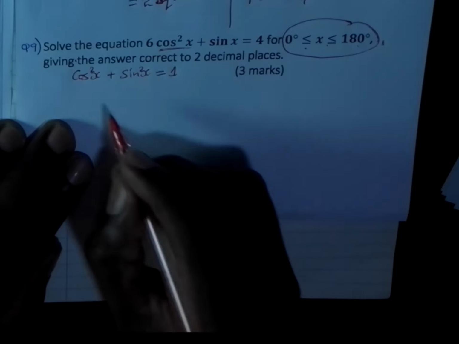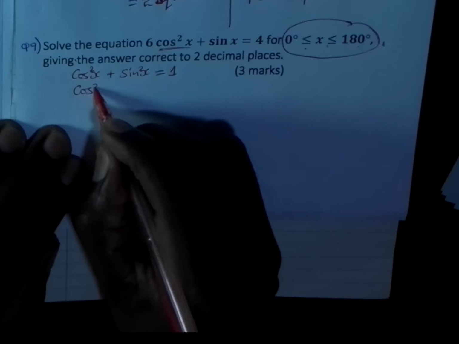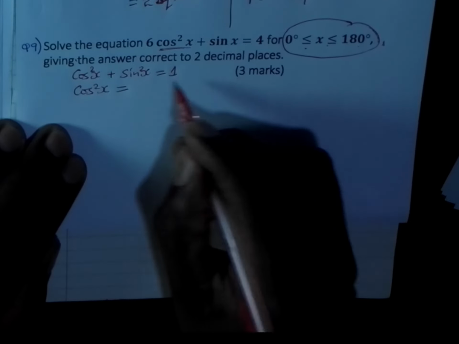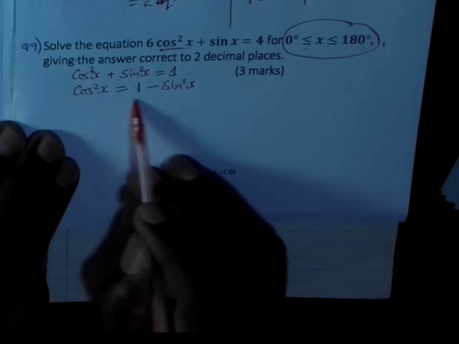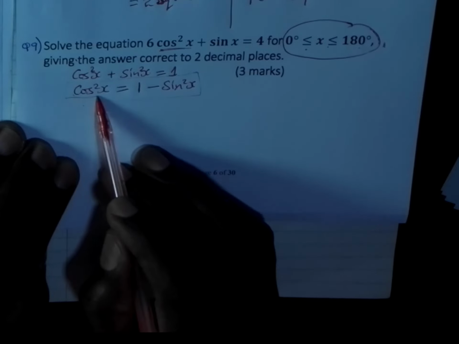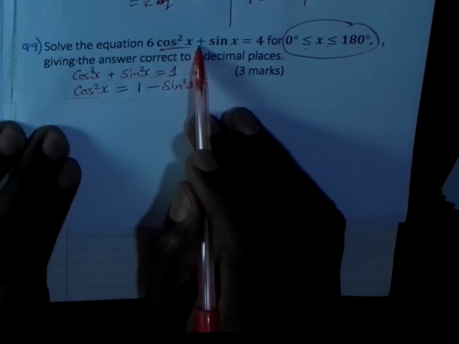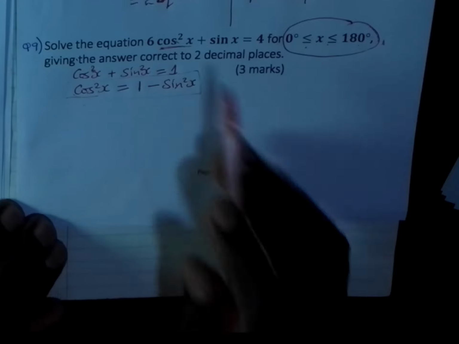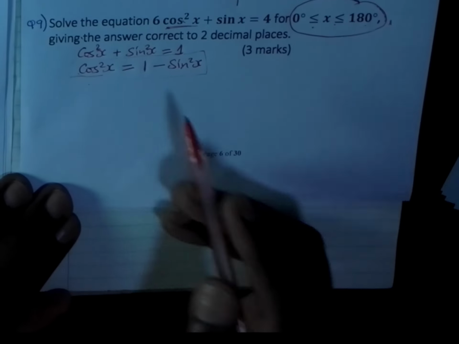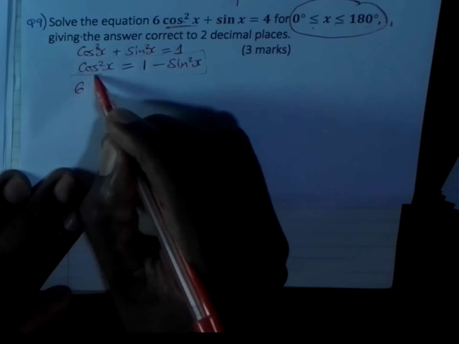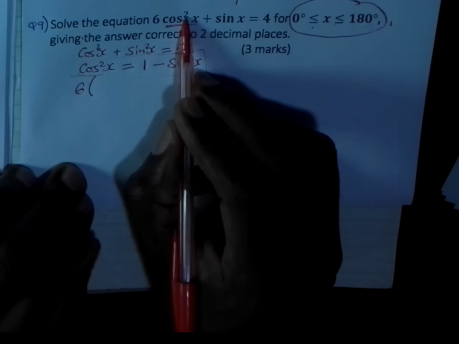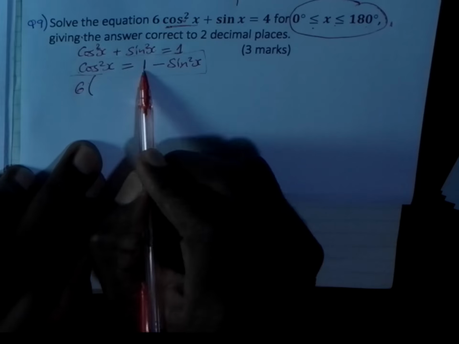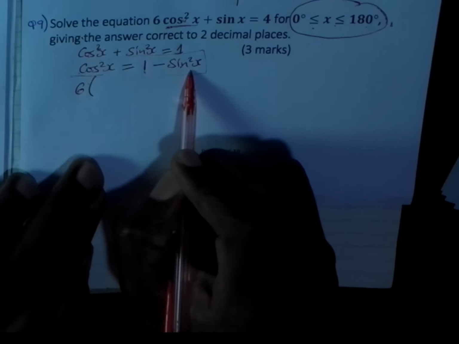So this can be written as cosine x squared is equal to 1 minus sine x squared. So we can substitute this into the given trigonometric equation. And if we do so, where we have the cosine x squared, we substitute with 1 minus sine x squared.